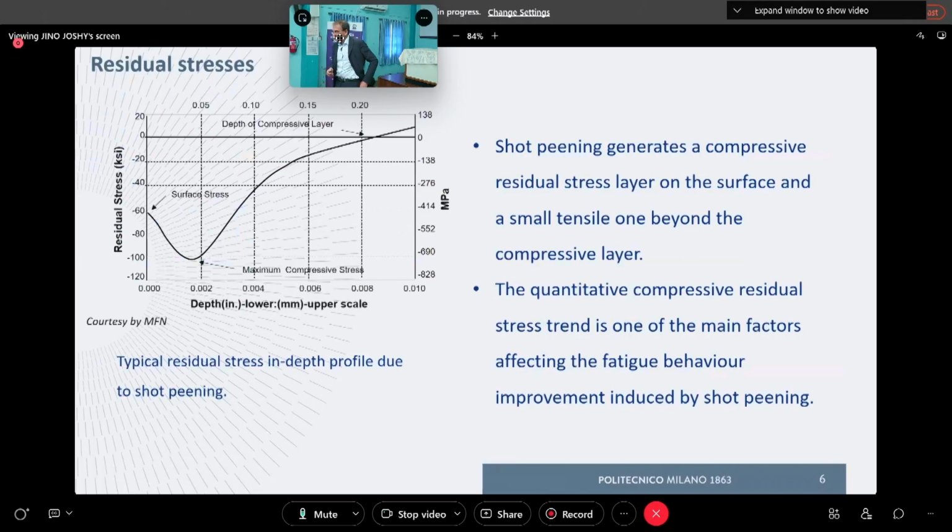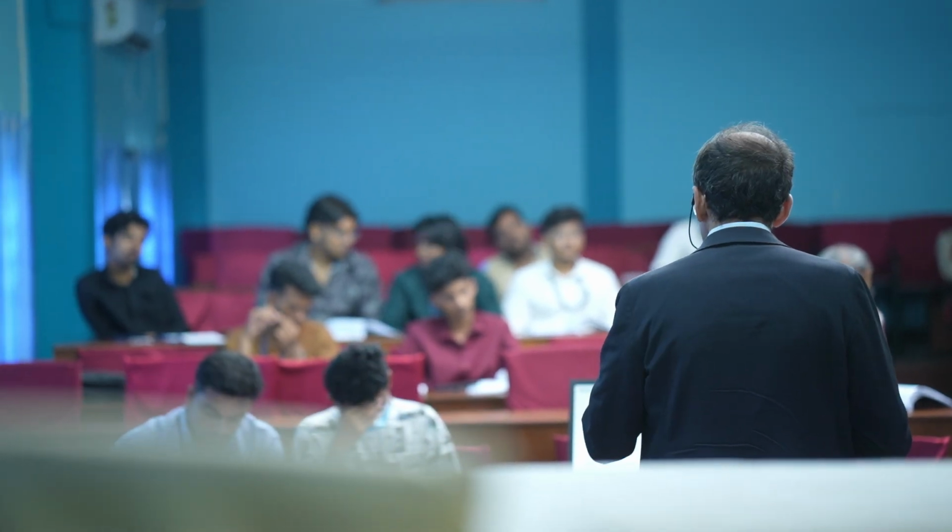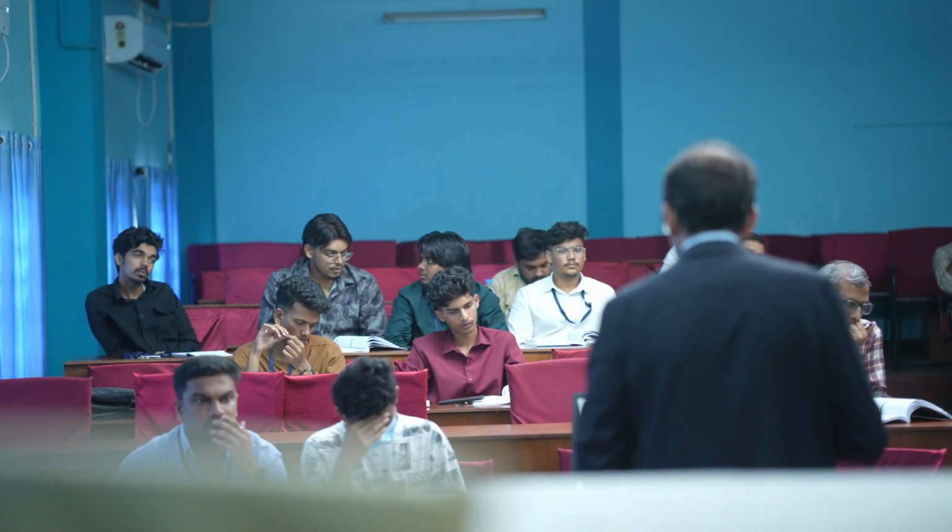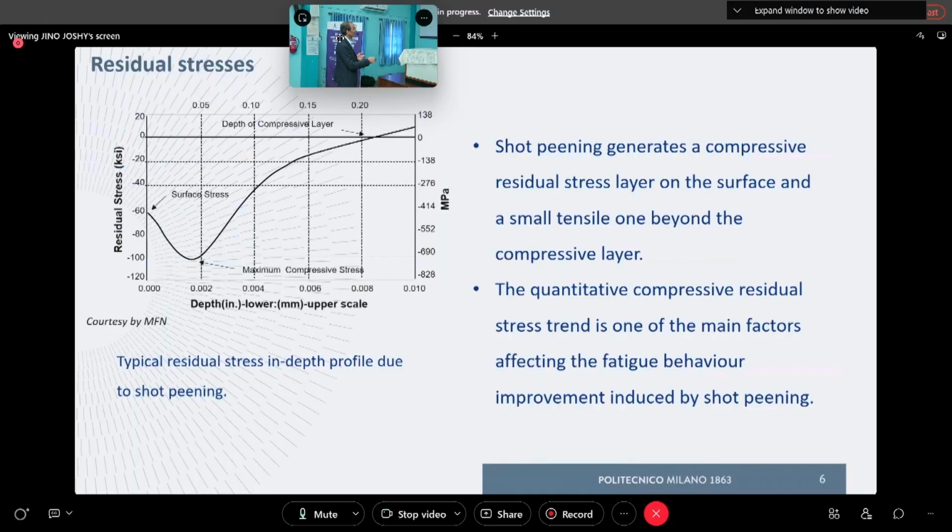What I would like to remark is that the typical points that define the shot peening residual stress trend are these. To define it, we need to know the surface stress, around 400 megapascal compression, and the maximum compressive stress, which in this case is around 700.